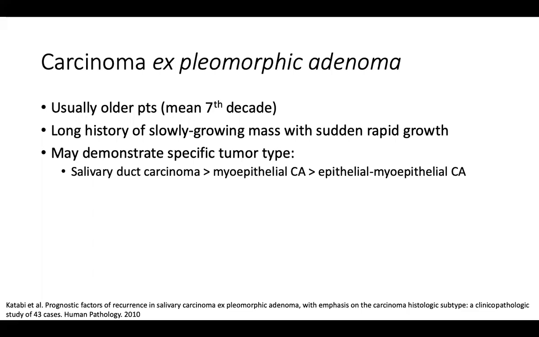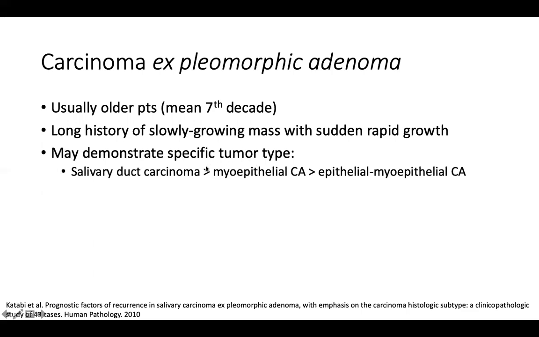And there are specific tumor types that can arise in carcinoma ex PA. We're going to talk about all these different tumor types. And you can see these. They'll have the same morphology and immunophenotype, whether they arise ex PA or de novo. So yeah, the most common thing we see arising in pleomorphic adenoma is salivary duct carcinoma.